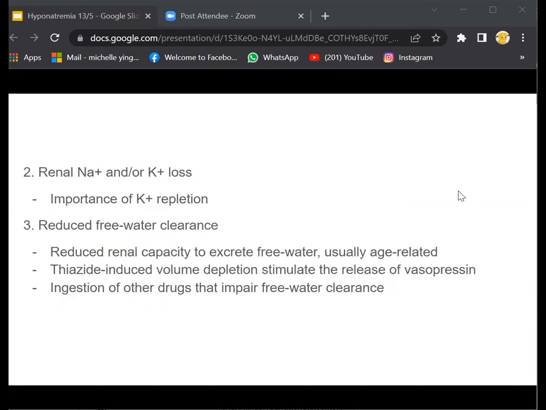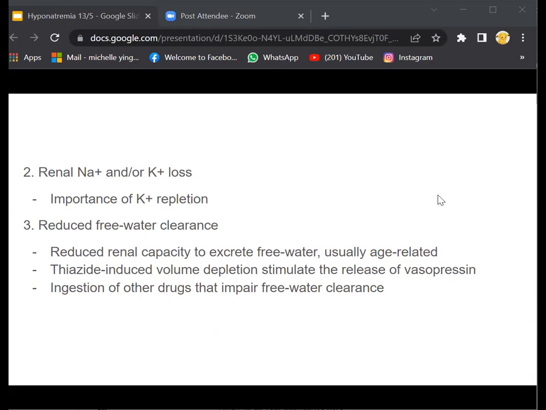It will also cause renal sodium and potassium loss, which is why potassium repletion is important in thiazide diuretics. It also reduces the renal capacity to excrete free water, which is usually age-related. And the thiazide-induced volume depletion will stimulate the release of vasopressin.